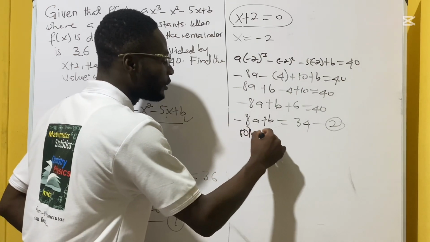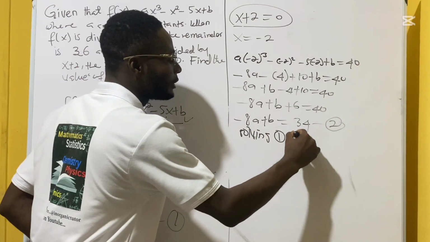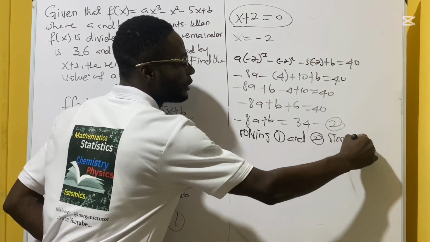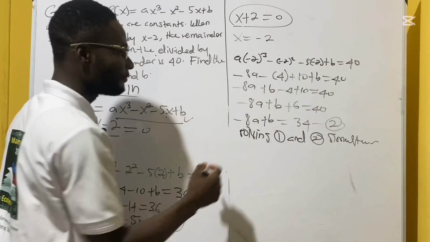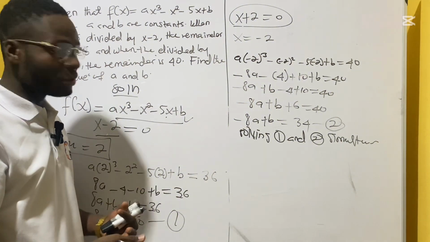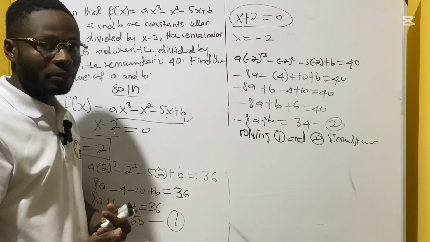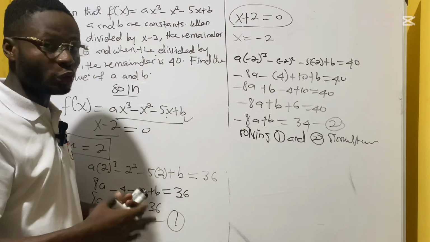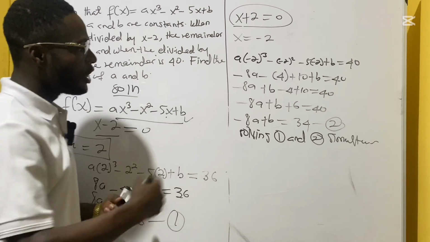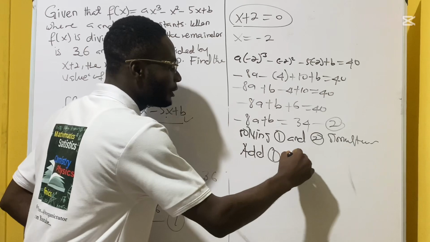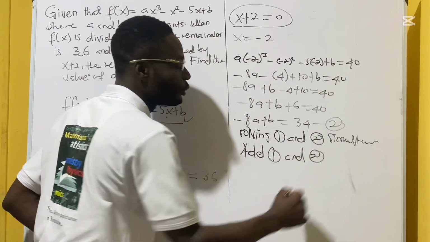So solving 1 and 2 simultaneously, we can apply substitution or elimination, but here elimination is going to make the work so much easier. So let's add equation 1 and equation 2.